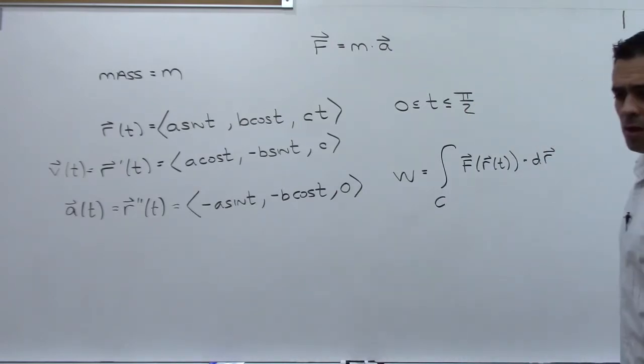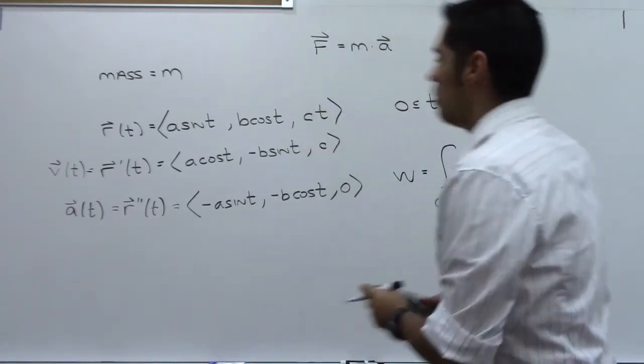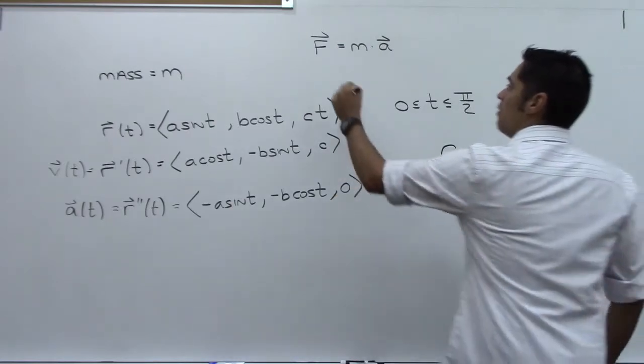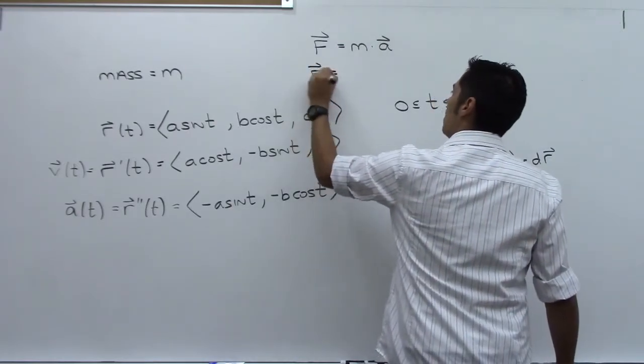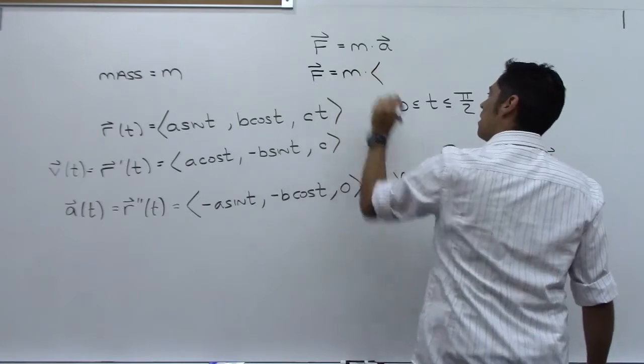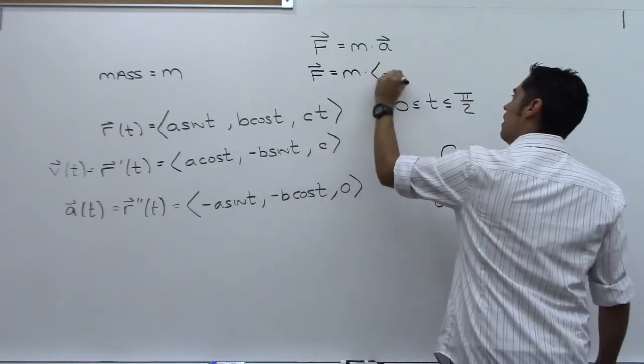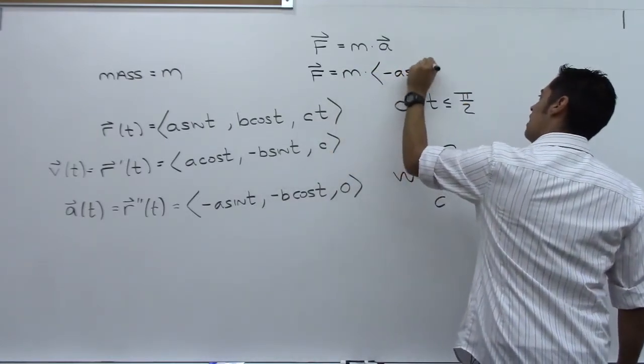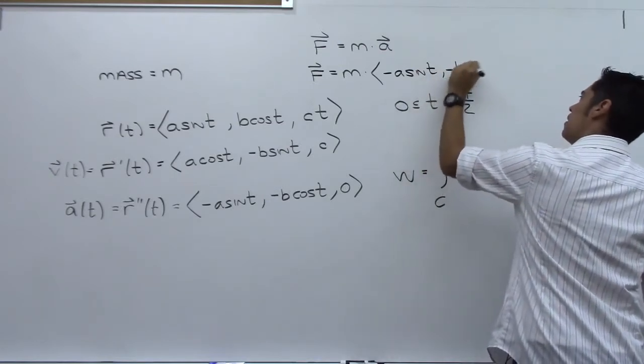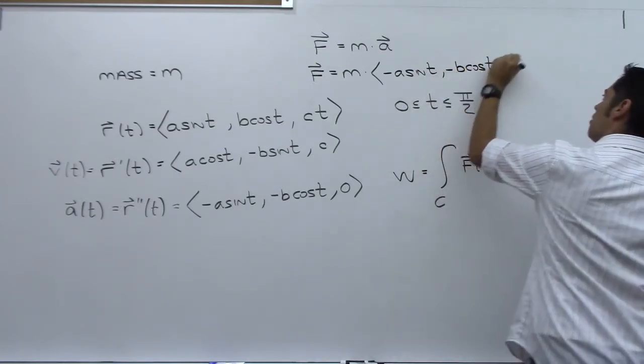Now my force vector will be the mass times the acceleration, which we just found to be negative a sine t, negative b cosine t, and 0.